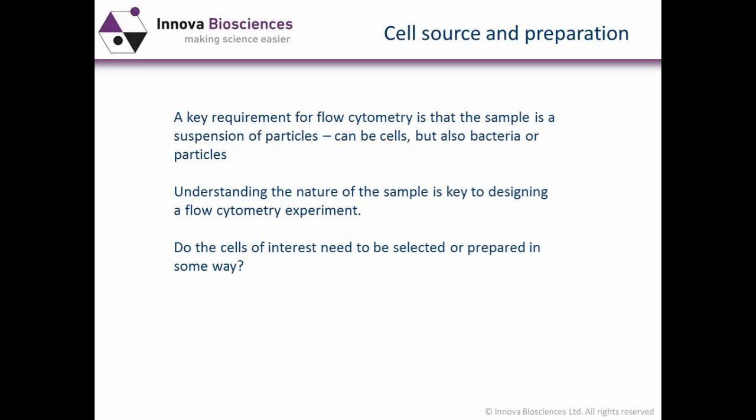You need to know exactly what sample you're working with and how it is going to behave biologically or with the antibodies, etc., that you're staining with. One of the key aspects is, do the cells that you're working with need to be selected or prepared in some way?